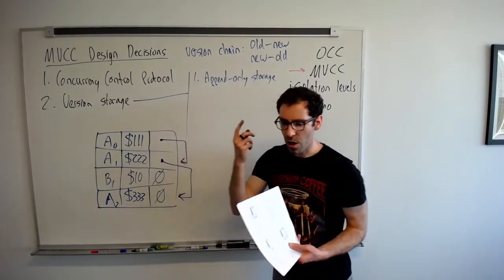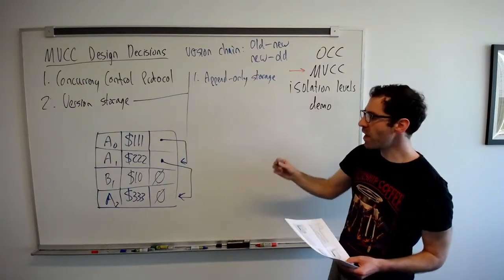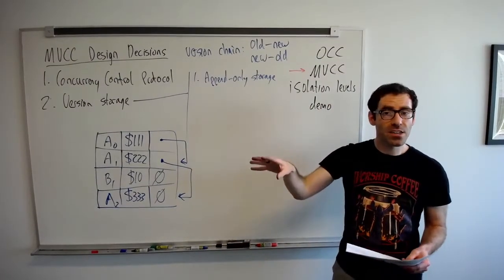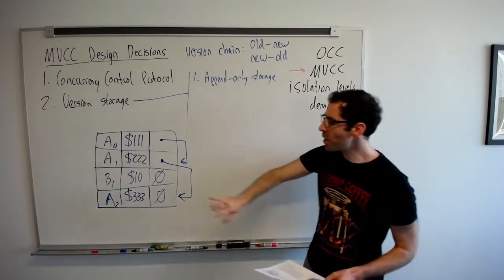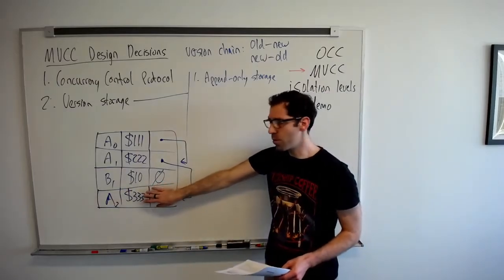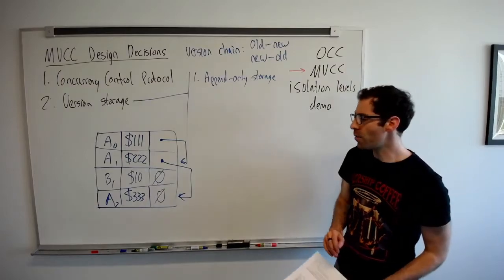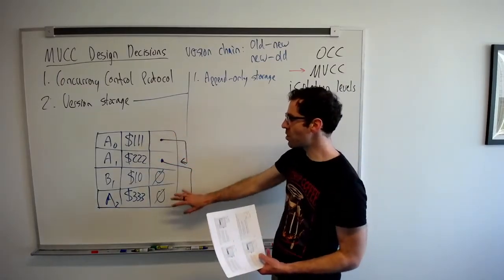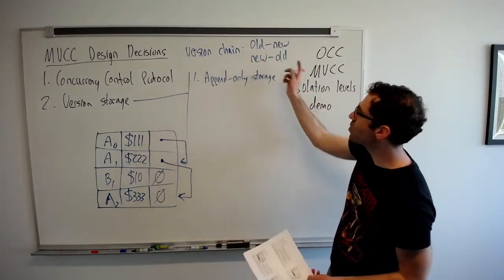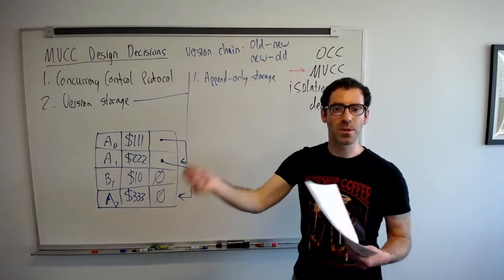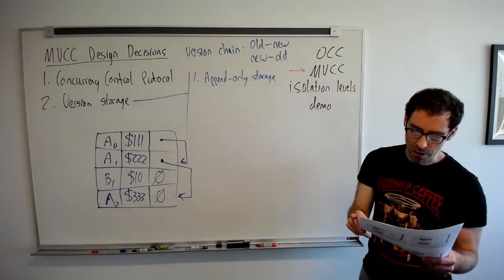But one important thing is that if we have indexes in this picture, they're going to be referring to the most recent version of a particular object. And so depending on whether we're doing old to new or new to old, we're going to need to be updating our indexes.